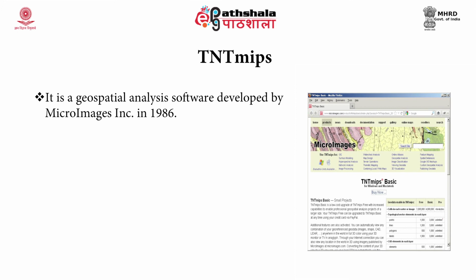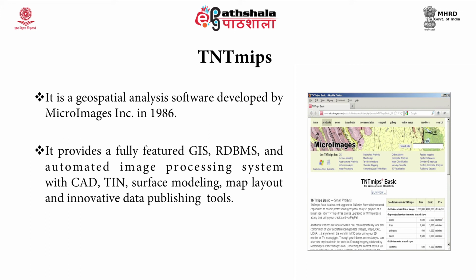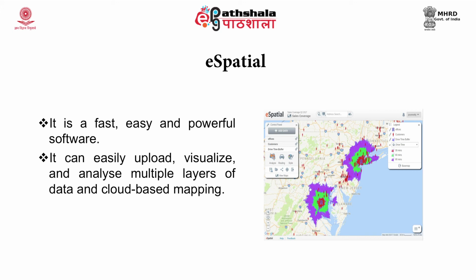Another common software is TNTmips, which is a geospatial analysis software developed by Microimages in 1986. It provides a fully featured GIS, relational database management system called as RDBMS, and automated image processing system with CAD, then surface modeling, map layout, and innovative data publishing tools. eSpatial is another GIS software that is fast, easy, and very powerful in its functionalities.